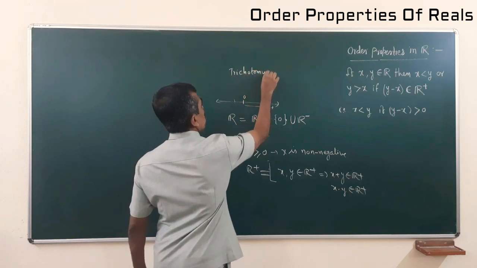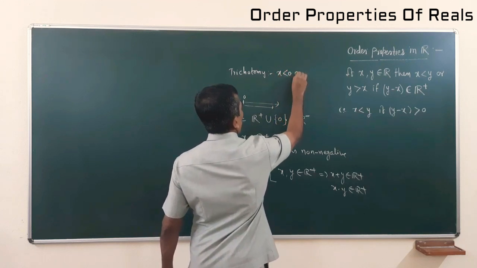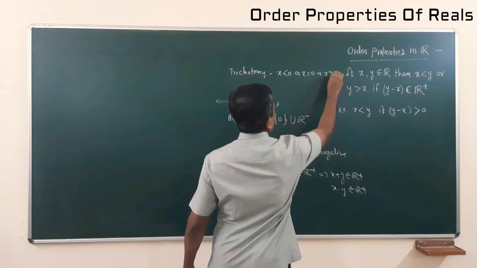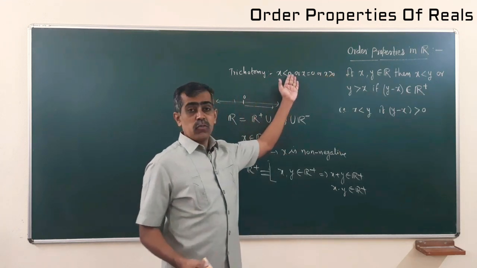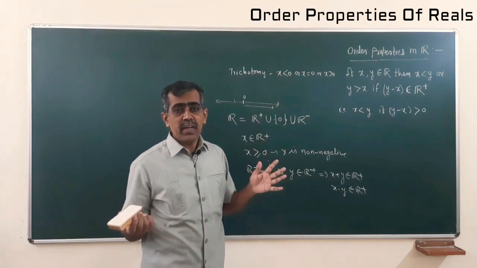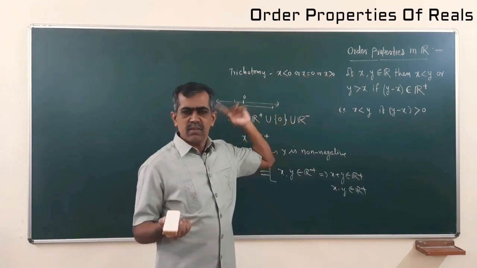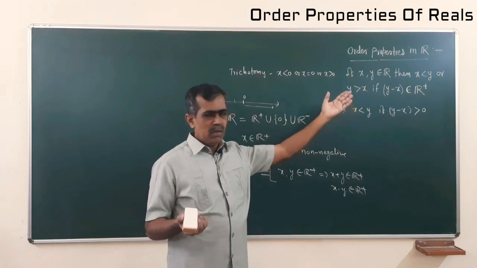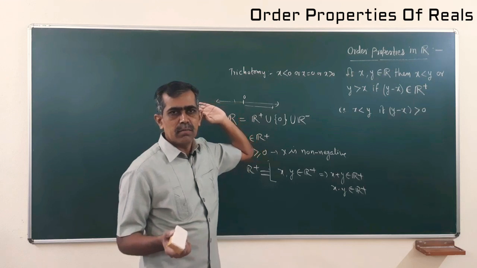Trichotomy law: either x less than 0, or x equal to 0, or x greater than 0. So any x satisfies one and only one of the 3. You cannot find any real number which is positive as well as negative. If it is not positive, then it may be 0. If it is neither positive nor 0, then it should be negative.